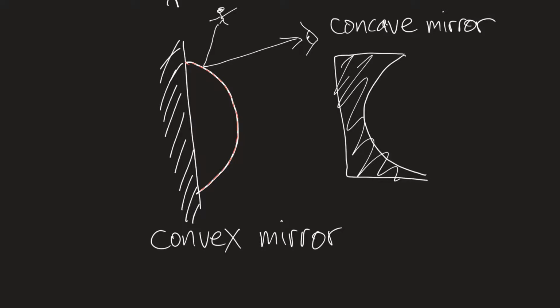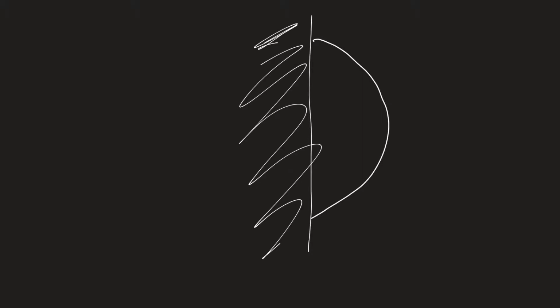So let's take a look at examples of reflection off of, let's start with a convex mirror. So let's draw a convex mirror. Let's draw it on this side. So this is our convex mirror, and that means no light's going to get through this side. If we reflect light off of this convex mirror, let's say it goes into that point of our convex mirror.